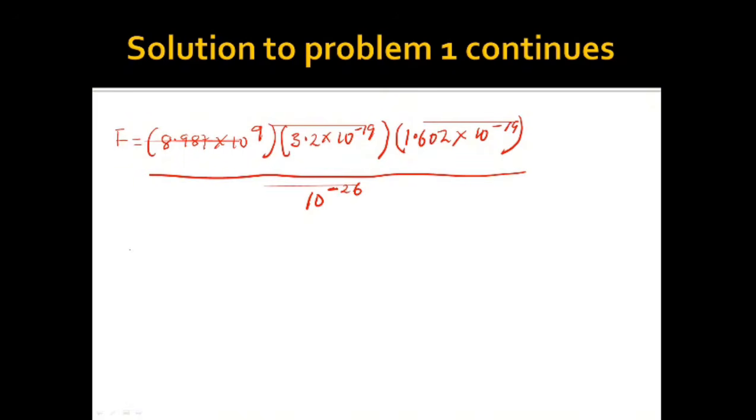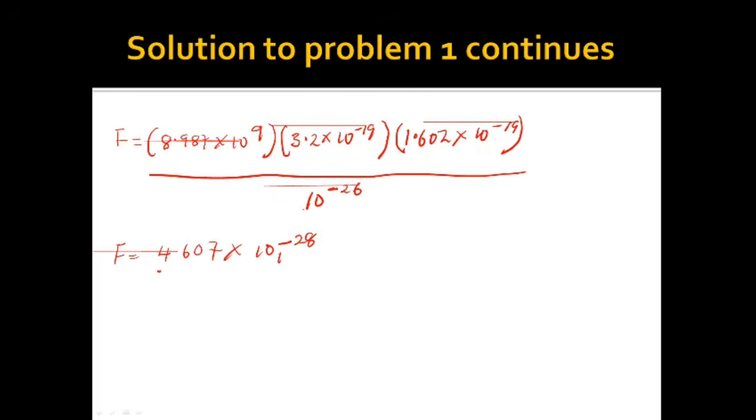So from the equation, multiplying through, we have 4.607 times 10 raised to power minus 28.